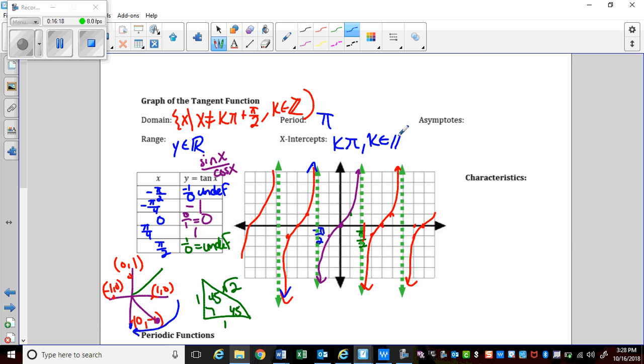That'll give you multiples of pi. That's where it hits the x-axis. There are asymptotes in this, and that's when we have our restriction in our domain. So these are my asymptotes, whenever x equals k pi plus pi over 2, as long as k is an integer.